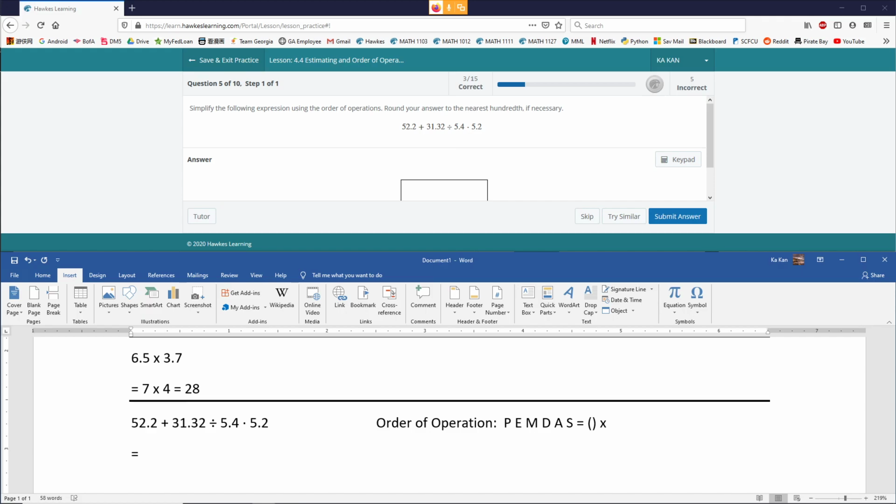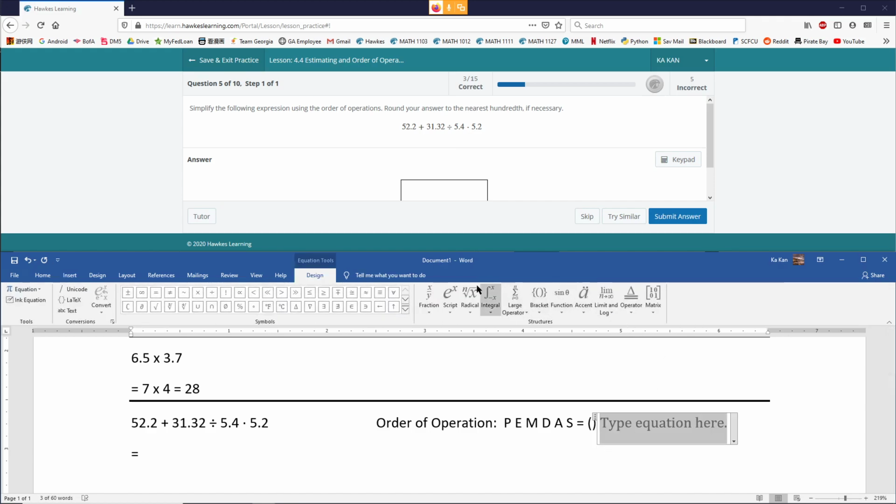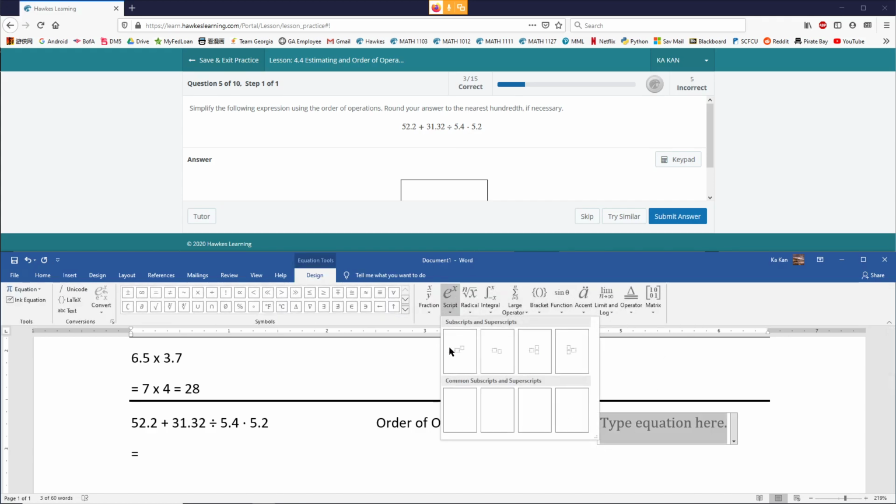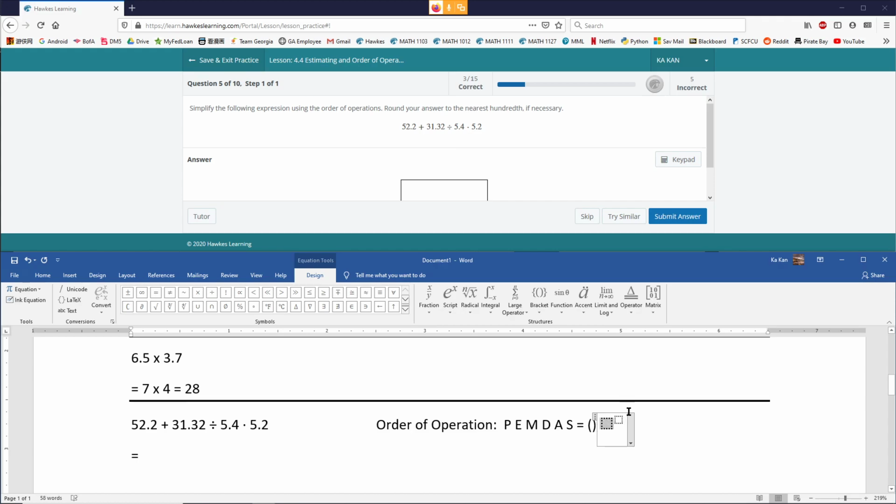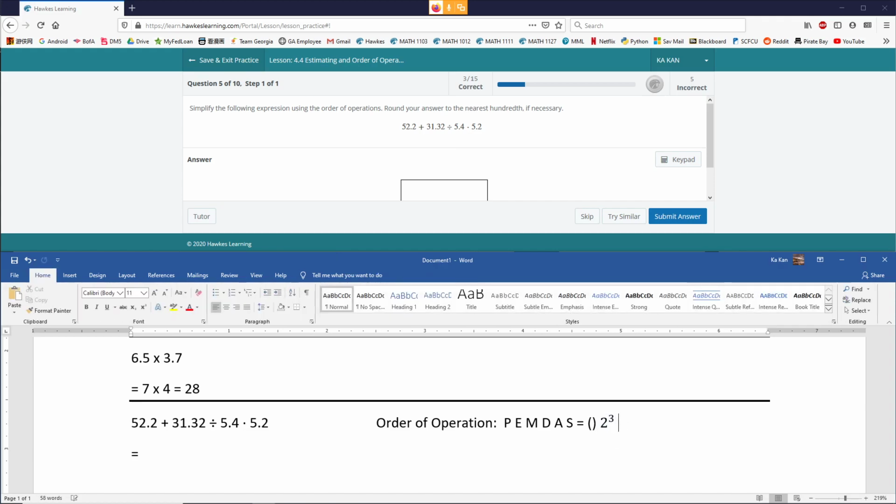So exponents will look like this. That's an exponent, right?